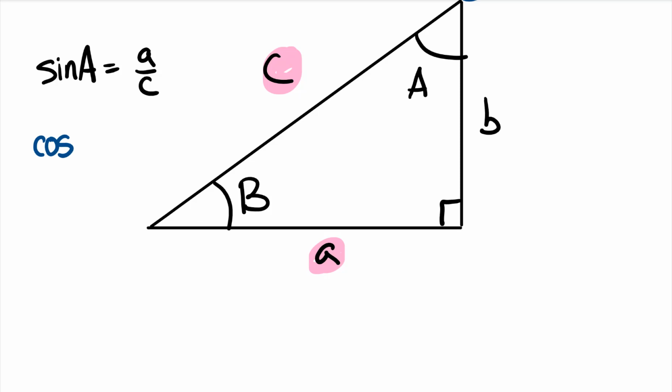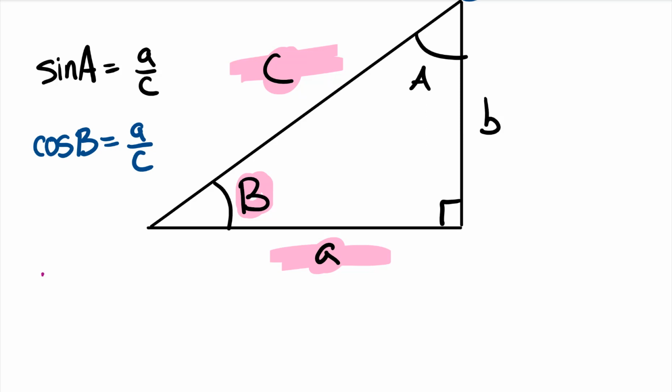Now, what's the complement of A? It's B. So what's cosine of B? We're looking from the other angle, and cosine's the adjacent over the hypotenuse, so it's the same thing. Co-functions of complementary angles are equal.